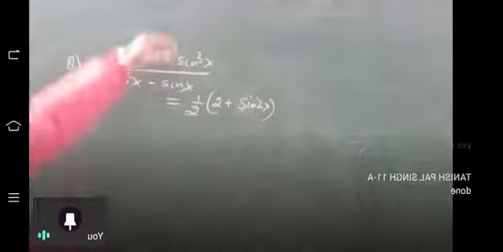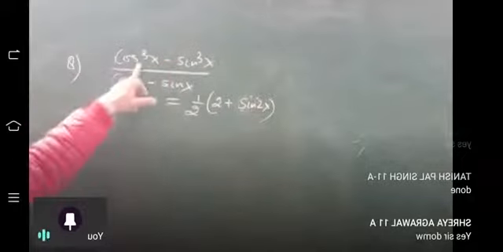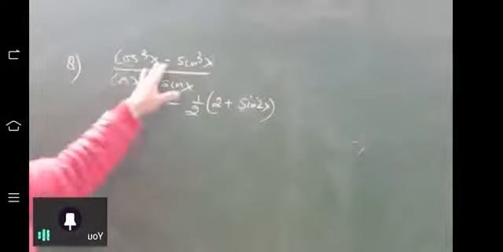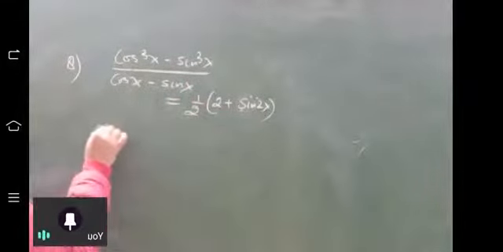So students, to do this question, first of all, you may see this is in the form of the identity a³ − b³. So first of all, apply a³ − b³. Now you know a³ − b³ is (a − b)(a² + b² + ab).